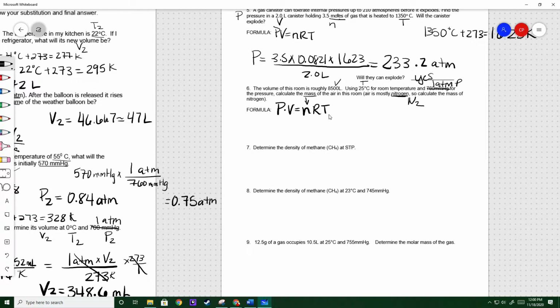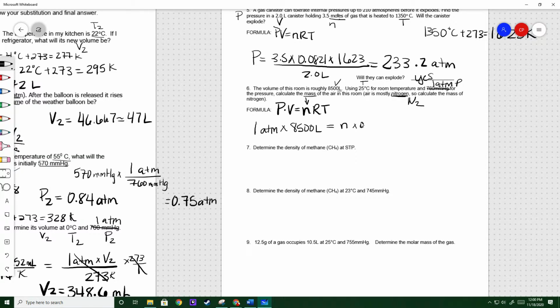So now let's plug in our numbers. My pressure is 1 atmosphere. My volume is 8,500 liters. And again, remember our units are important. n is my unknown.